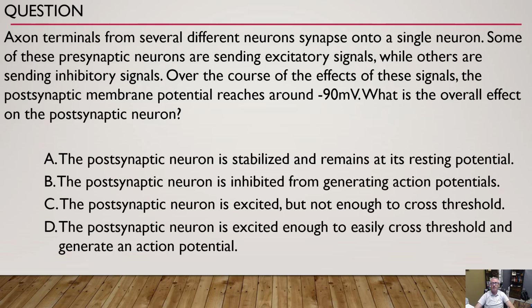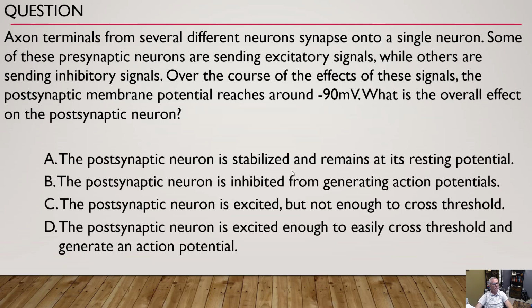Over the course of these signals, the postsynaptic membrane is negative 90 millivolts. So we've stuck probes in all of those several different neurons, and we said that the net result is negative 90 millivolts. What's the overall effect on that postsynaptic neuron?